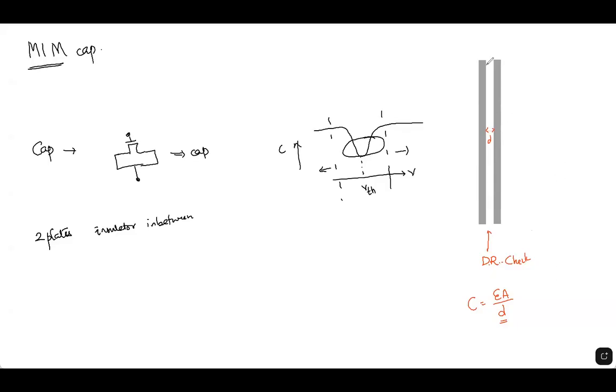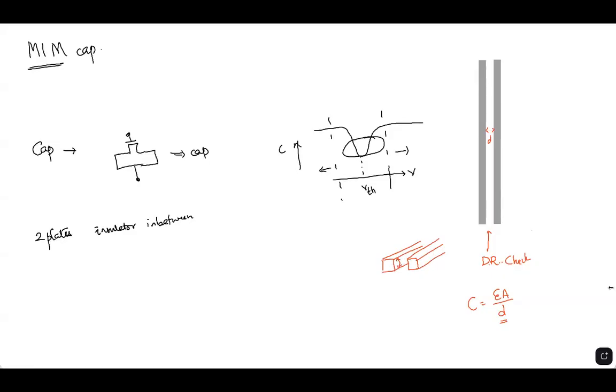So if there are two metal lines running for very, very long, how does a metal line look? I'm just drawing it in 3D. There is a particular thickness of the metal.